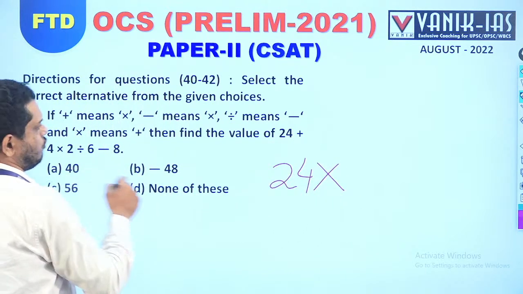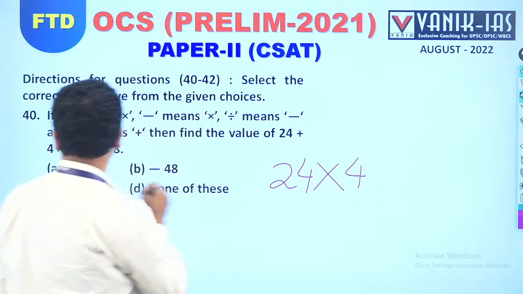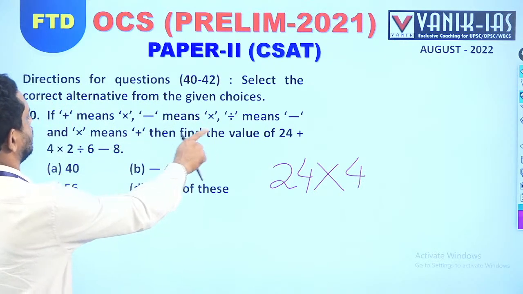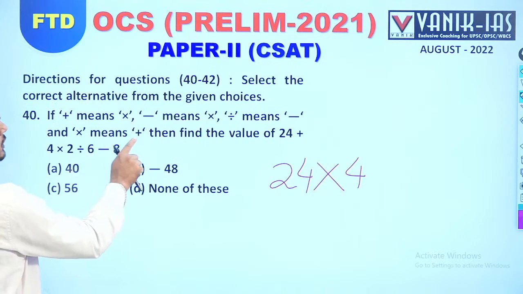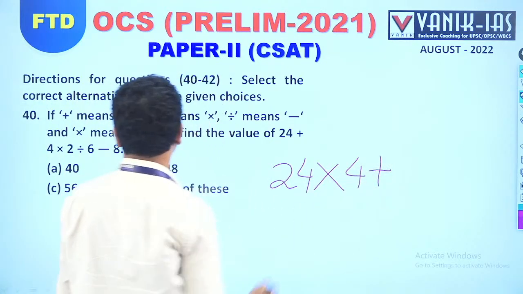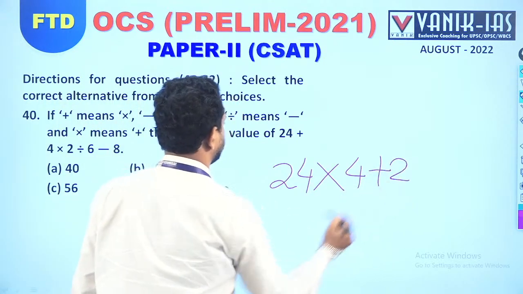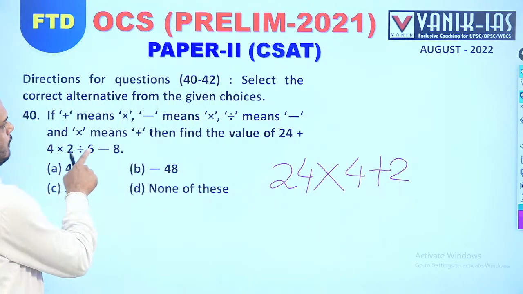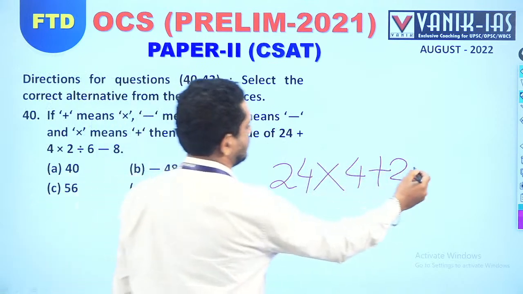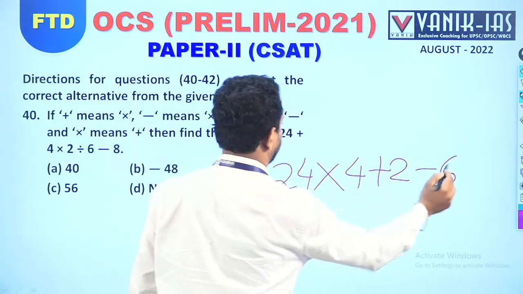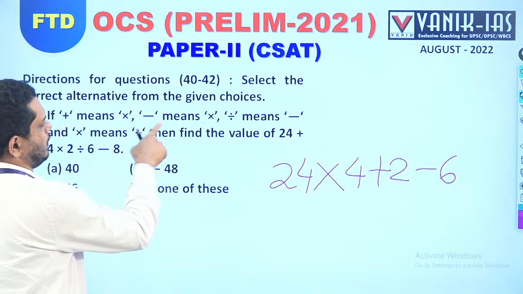Then after that 4, cross means what? Cross means plus. Then 2 divided by means what? Minus. It's minus 6. Then minus means what? Minus means into.